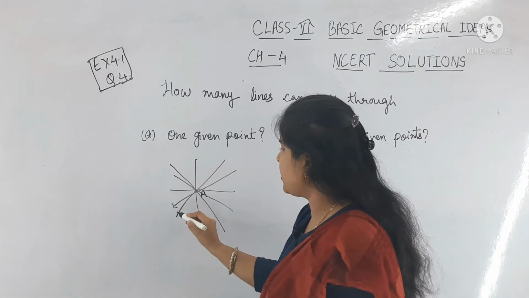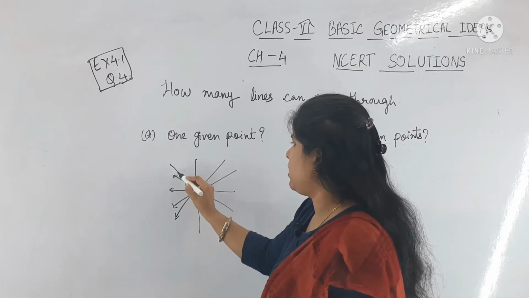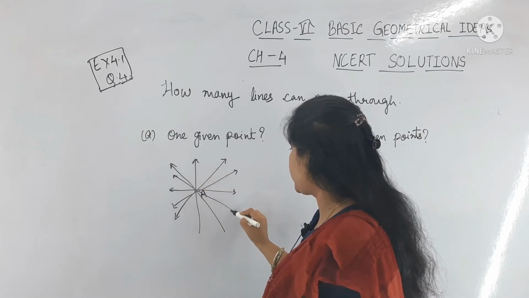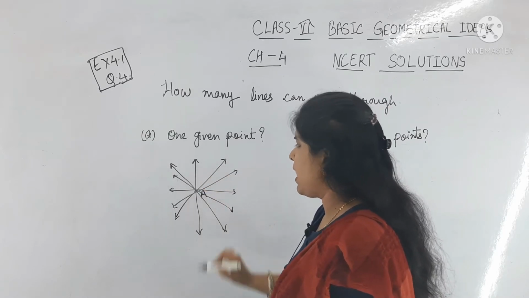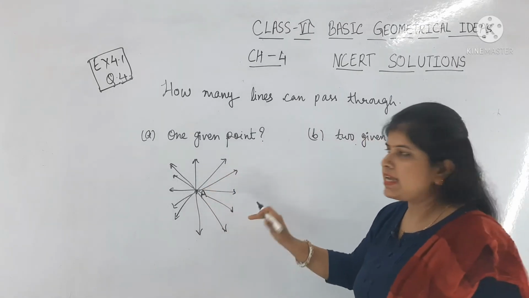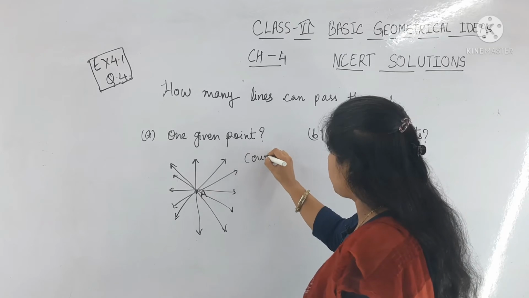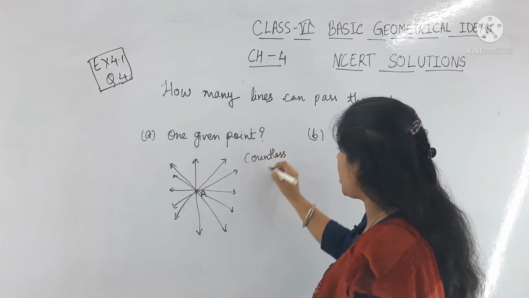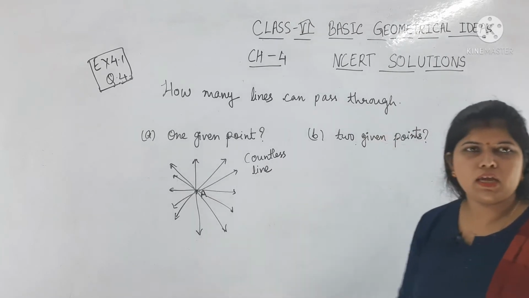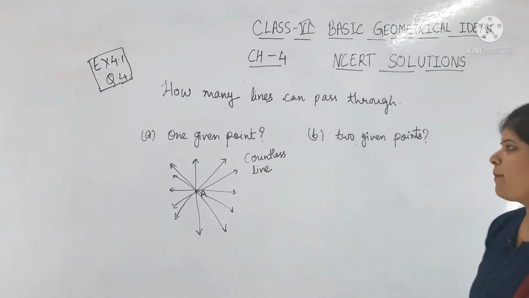This is a line ending with an arrow, so it can be extended, therefore it is marked with an arrow. So this is one point and these are countless lines. Countless lines can pass through one given point.